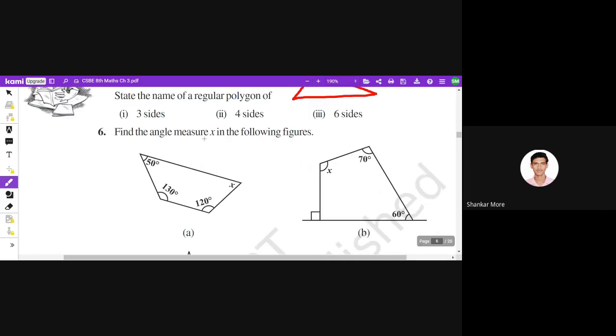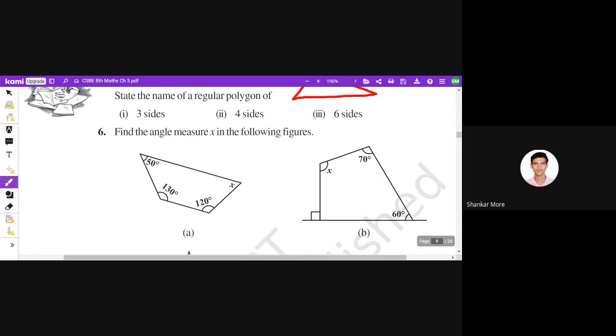All right. So now in the sixth example, we have to find the angle measure x in the following figures. So this is pretty simple. Now we know that this is a polygon with four sides and the sum of its angles is 360 degrees. So we can easily find the value of x.